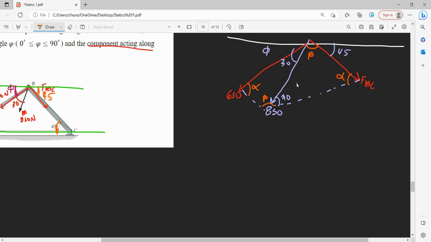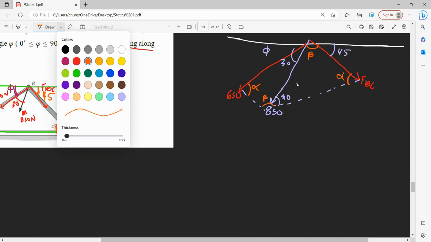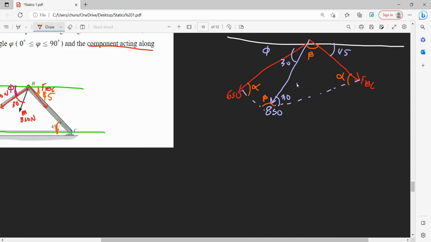Okay, so if we were just to take a look at this triangle right here, we'd see that we have unknown length of FBC, but we have two known lengths of 650. So this 650 is parallel to this line here, so we can also consider that 650. And we want to find FB, right? And we have our given angles, so we can use cosine law.